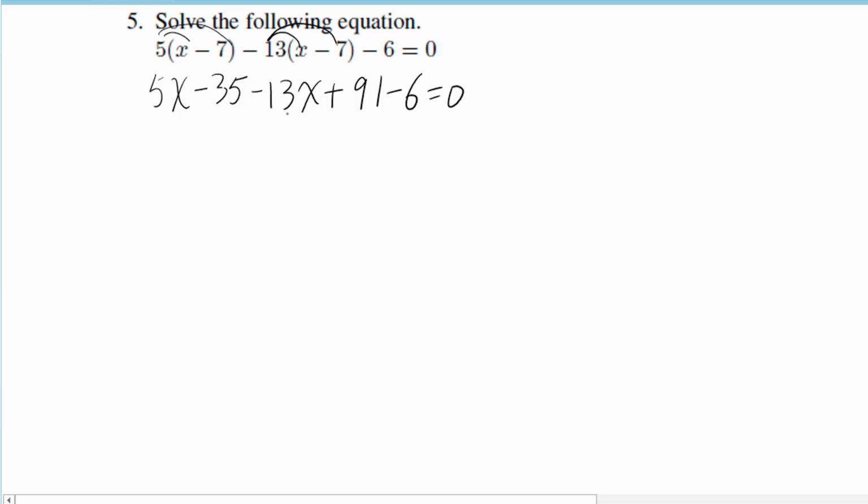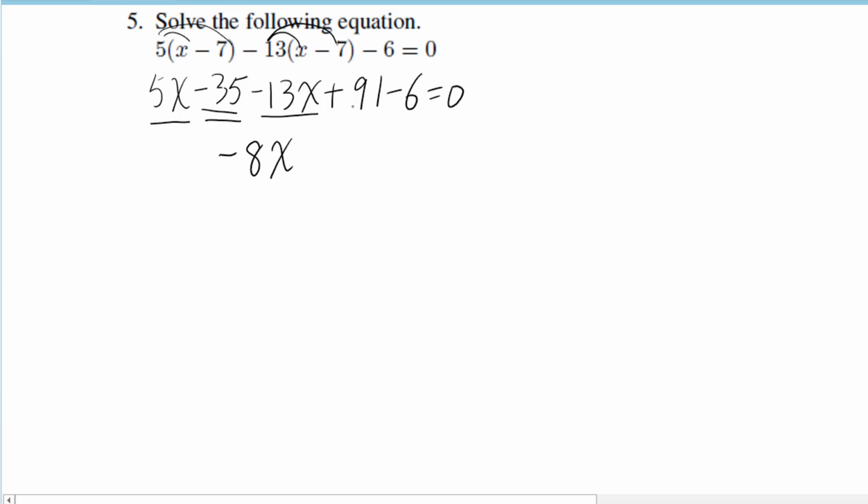In a linear equation, the key word is isolating the variable on one side. Therefore, first of all, we can combine like terms. You have 5x, negative 13x. 5 minus 13 will be negative 8x.